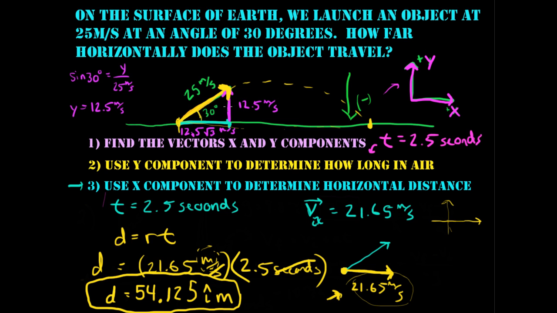You find your x and y components. You use your y component to determine how long in air, but you could use it for other things. You could also determine how high the ball gets, like what's the maximum height. There's numerous things you can determine along the y component, but then the x component you can use to determine the horizontal distance.